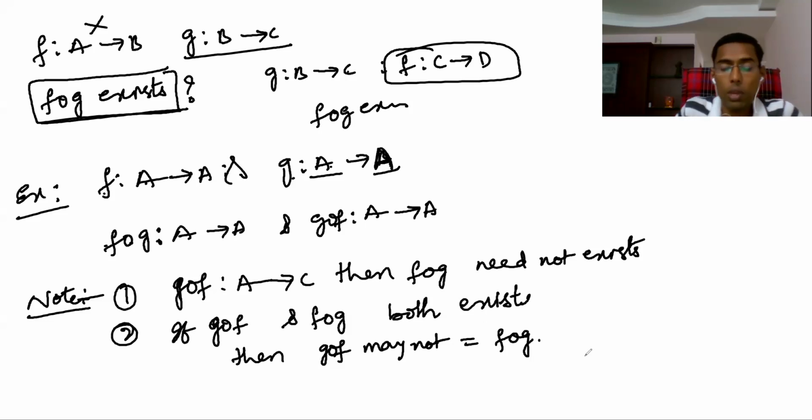May be equal, may not be equal. That means the commutative property is not true.